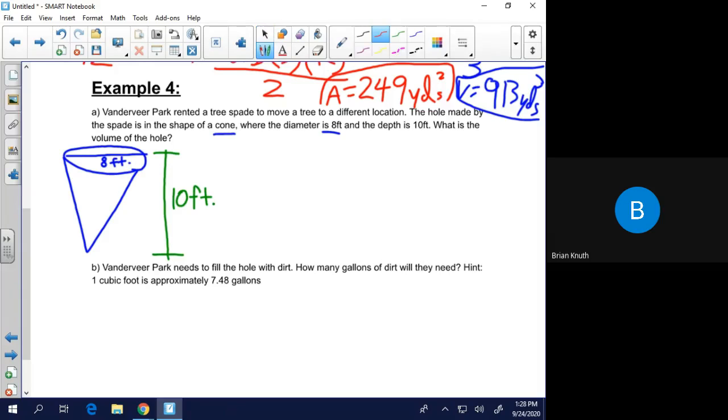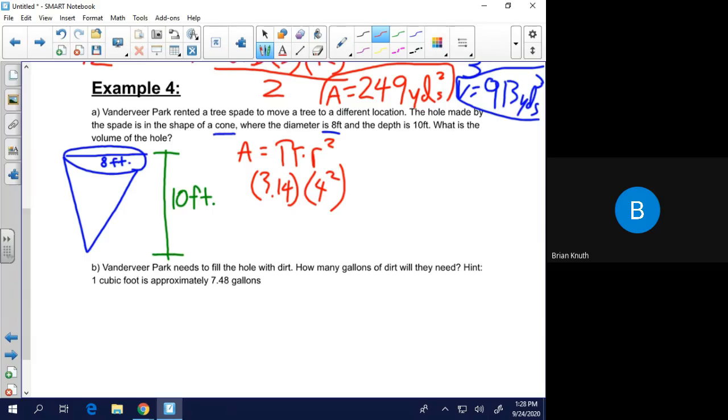Okay, so area equals pi times r squared. Okay, again, pi is the 3.14. But in your calculator, make sure you hit the pi button to give a more accurate answer. And the radius is going to be half the diameter, so it's going to be 4. So 4 squared.